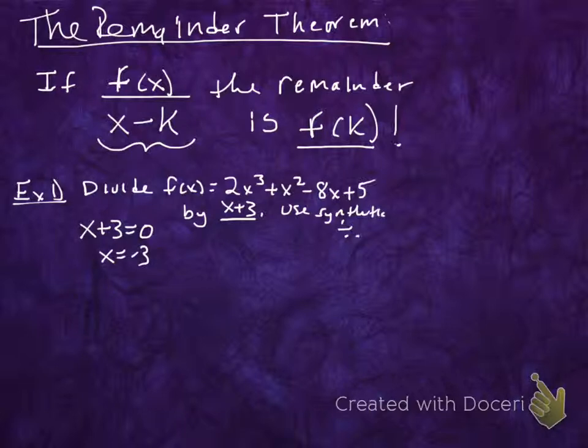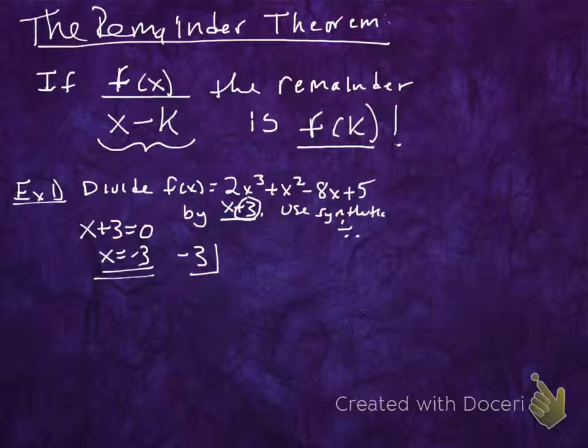Really, I'm subtracting a negative 3 from x, which makes it x plus 3. Another thing students do with success is they look at whatever number they see with the x and take the opposite of that, and that's the number they synthetic divide with. So negative 3 is what we're going to synthetic divide out from the polynomial to do the division problem.